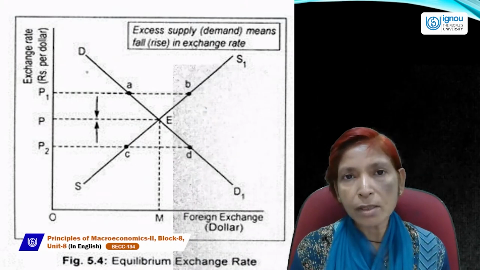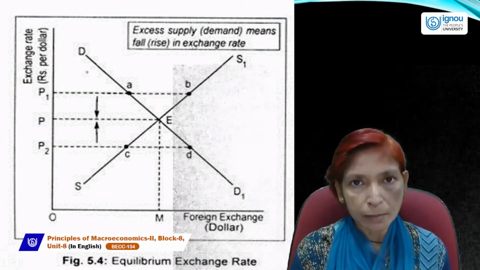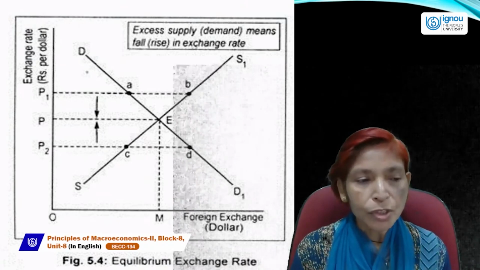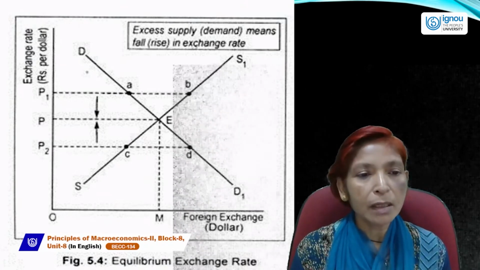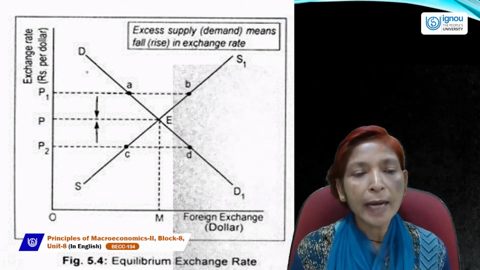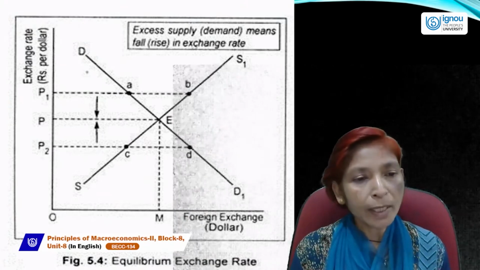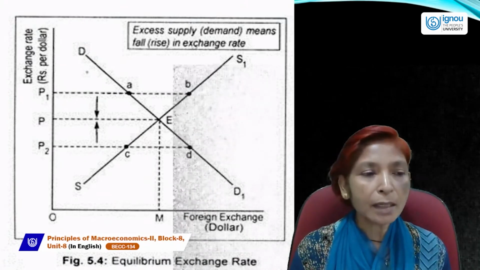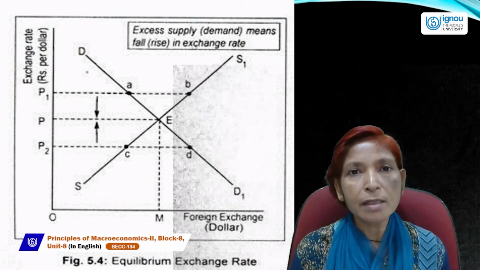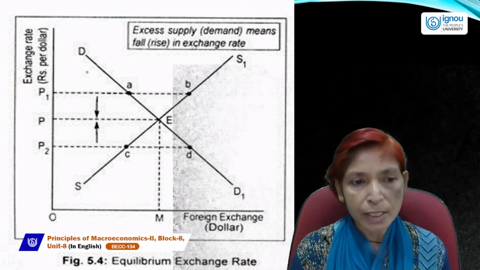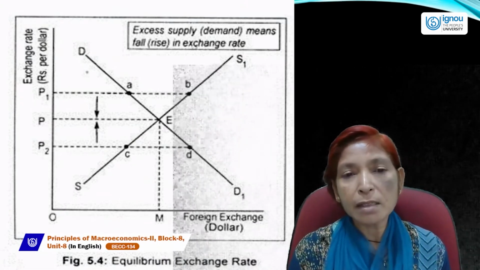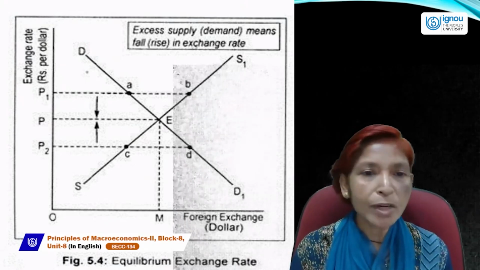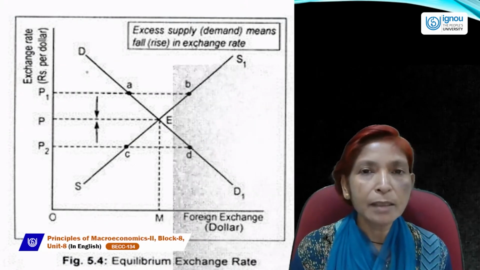At a higher exchange rate, demand will be lower, and at a lower exchange rate, demand will be higher. So at the P1 exchange rate, demand will be lower, shown by point A. At the higher exchange rate, demand is only at point A, but supply is more at point B. So here the situation of excess supply exists.